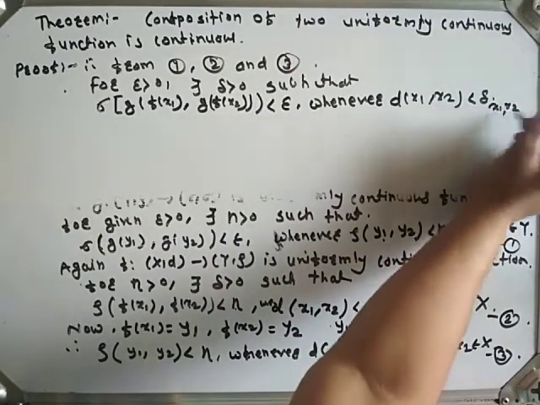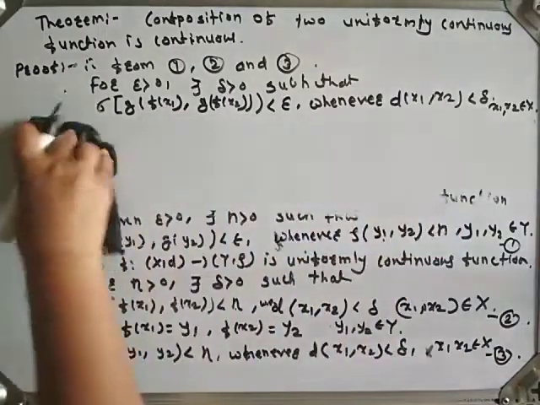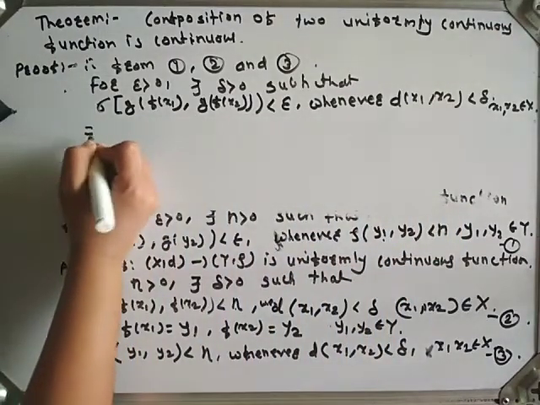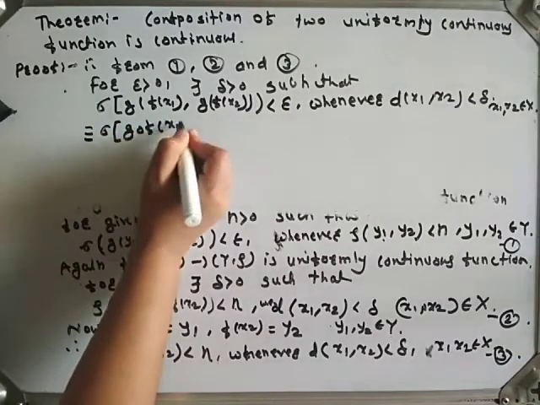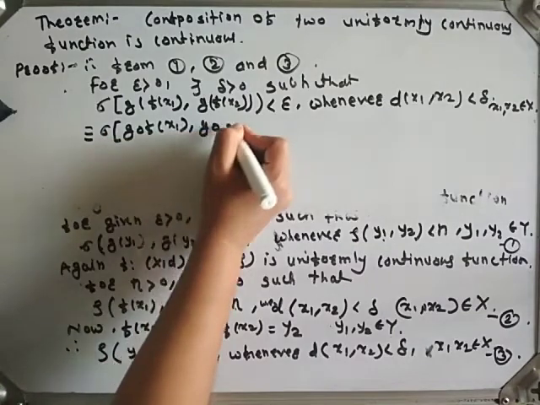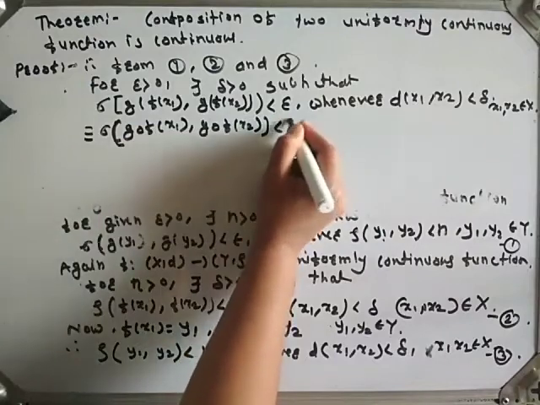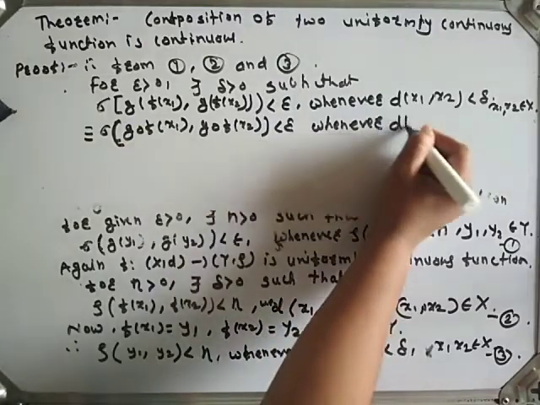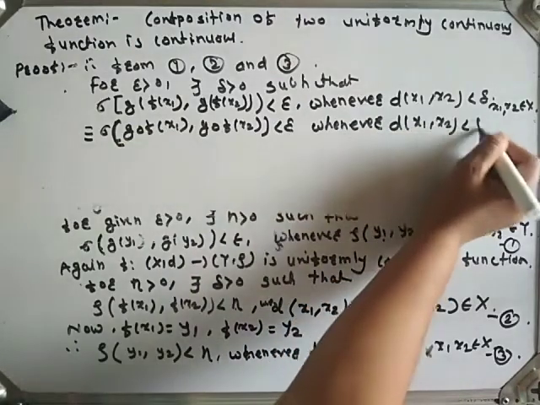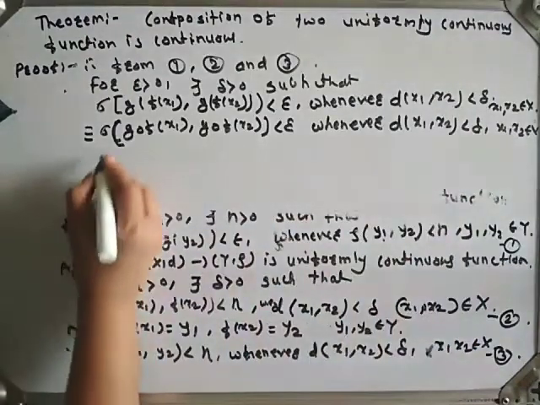This x1 and x2 belong to capital X. Okay. So this is equivalent to sigma of g composite f of x1 comma g composite f of x2 is strictly less than epsilon whenever d of x1 comma x2 is strictly less than delta, with x1 comma x2 belonging to capital X. Okay.